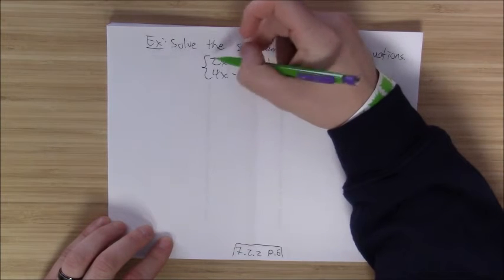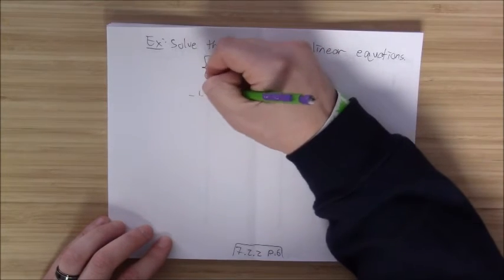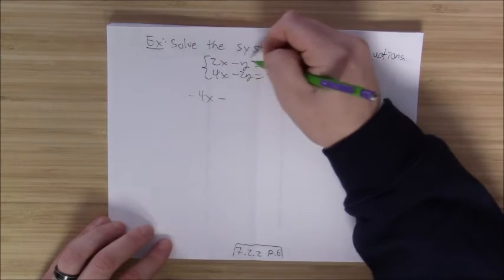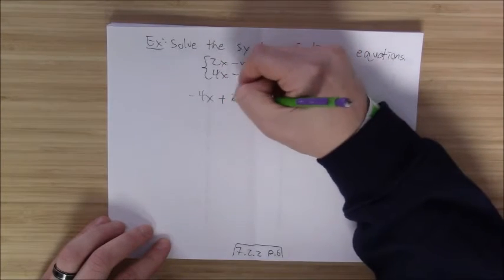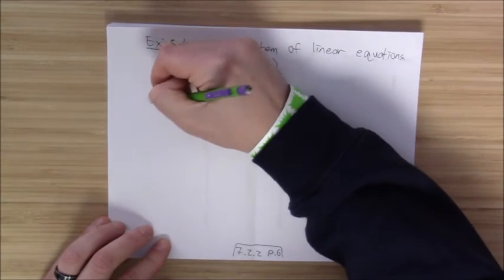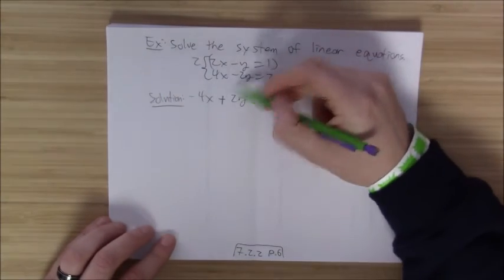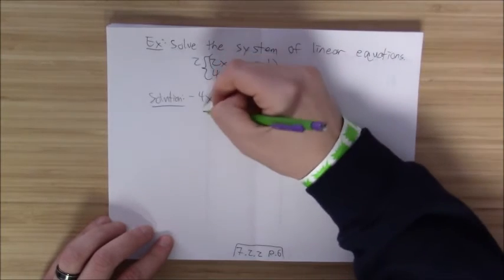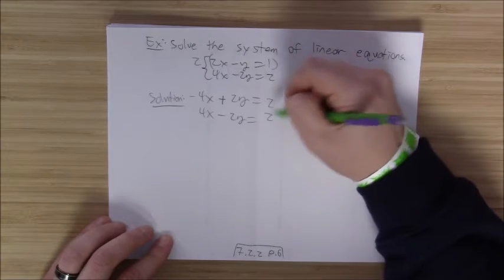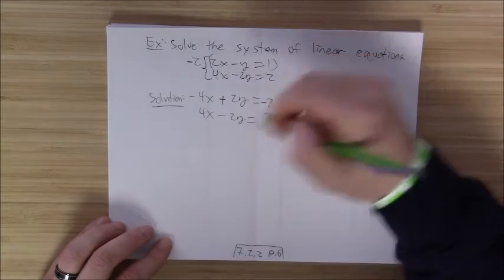If we do negative 2 in the top, what we end up with is negative 4x plus 2y equals, so here I multiplied by 2, and then equals 2. Here you have just the same equation. Here I actually multiplied by negative 2, so that should be negative 2 there.